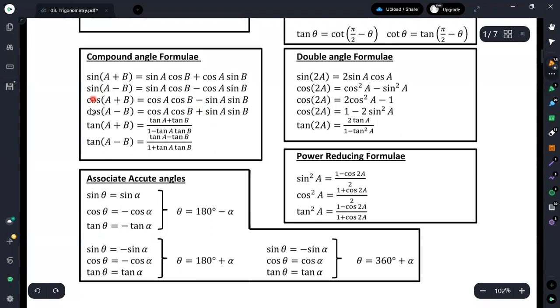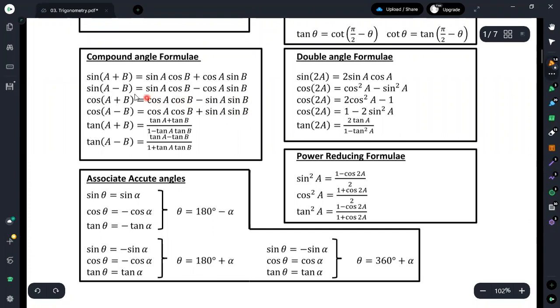For cosine, the sign used to connect the two terms is the opposite of the sign in the angle, and the two terms are cosine a times cosine b and sine a times sine b.